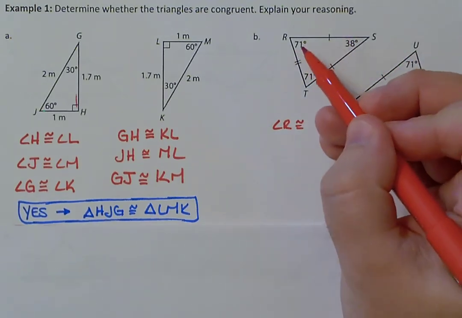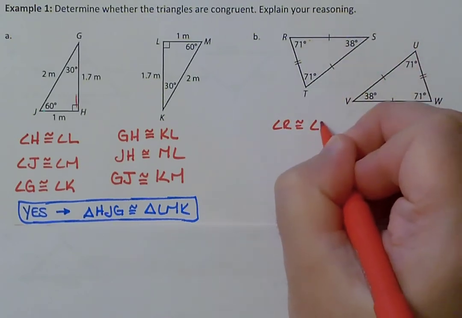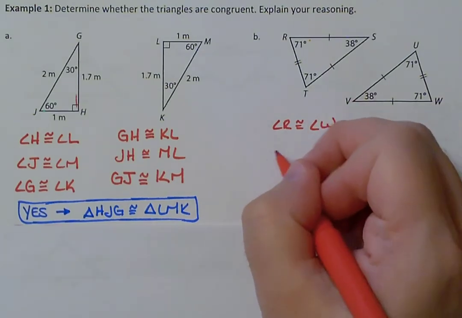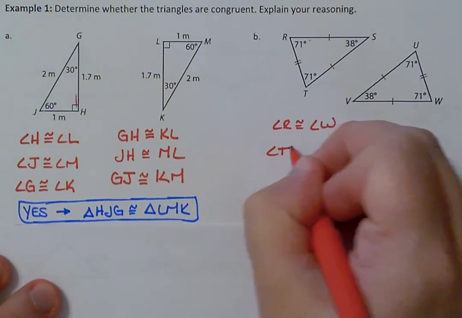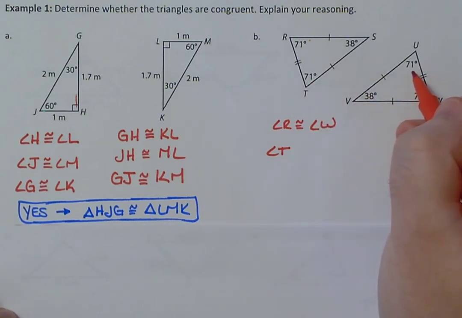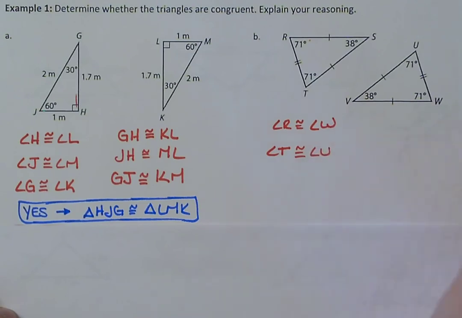So I'm going to say angle R, because it's 71, is congruent to angle W, because it is also 71. If you want to go with angle U, that works as well. So continuing with the 71 theme, I'm going to say angle T, which is also 71, is congruent to angle U. I don't want to use W again, but it is congruent to angle U because it is also 71.